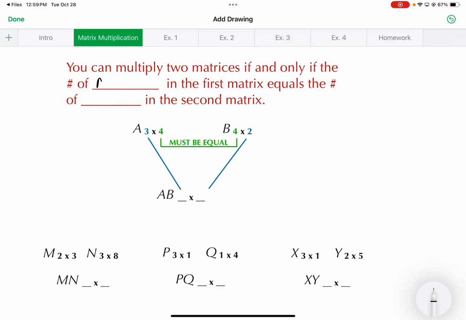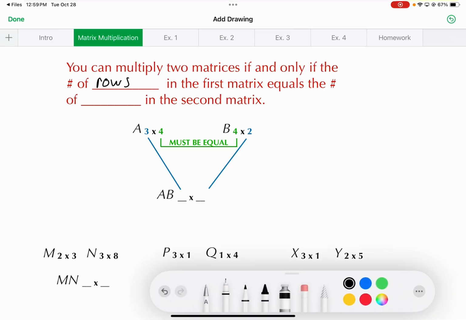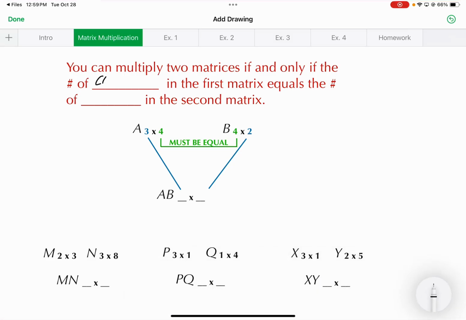So the number of rows in the first matrix has to match, wait, actually that's opposite, right? Yeah, it should be columns and rows. Because what has to be the same is my inner dimensions. So the number of columns in my first matrix has to match the number of rows in my second matrix. So your inner dimensions have to be the same, okay?